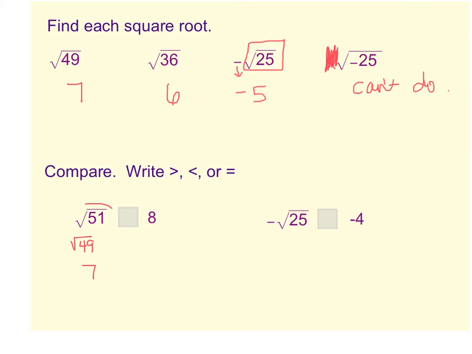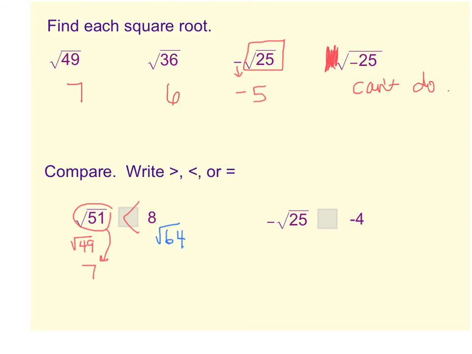So the square root of 51 is going to be kind of close to 7. And is that greater than, less than, or equal to the 8? That's going to be less than the 8. Another way to approach that is you could say 8 is equal to the square root of 64. And then you could say the square root of 51 is going to be less than the square root of 64. You just want to get those into the same unit so that they're easy to compare.